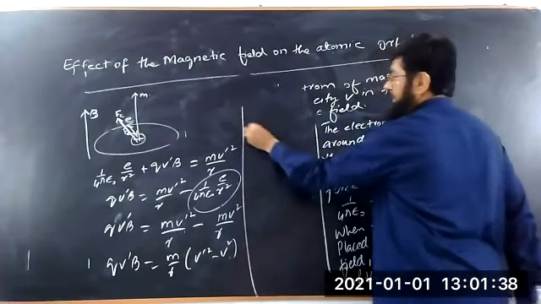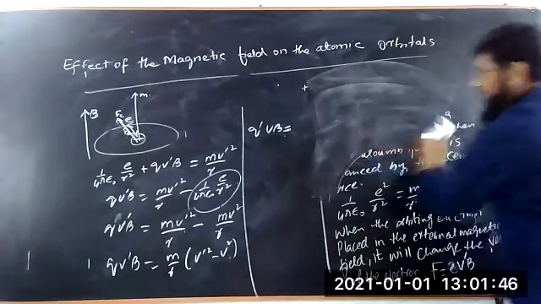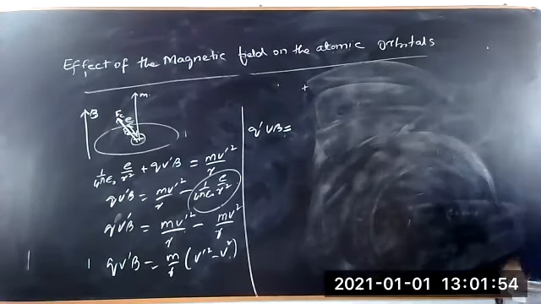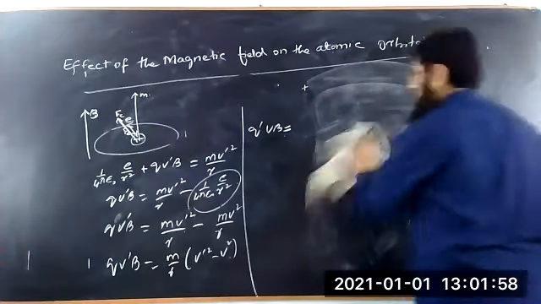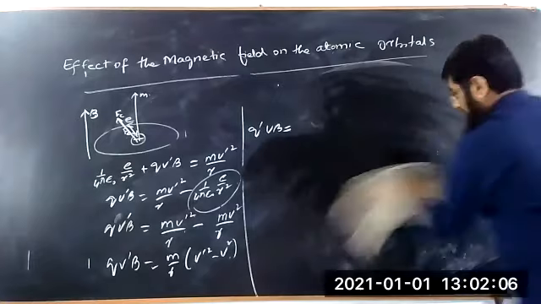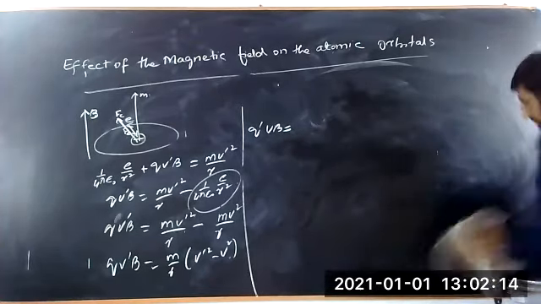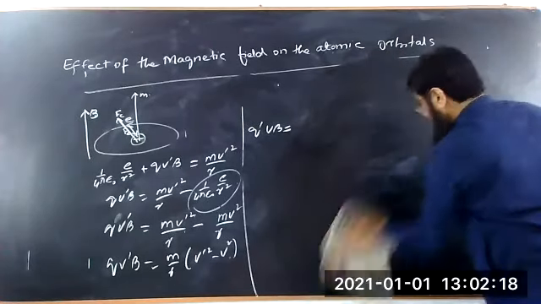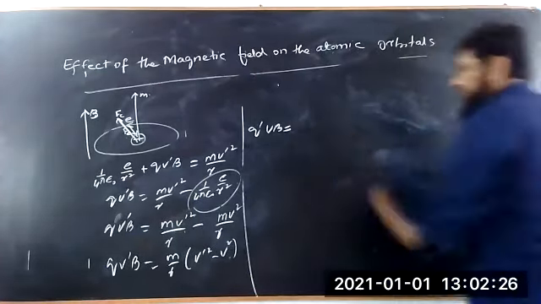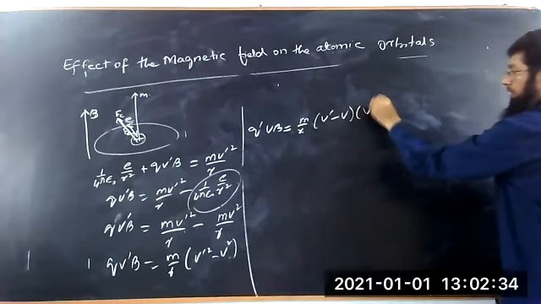So this can be rewritten as Q V dash B is equal to M upon R. This is equal to V dash minus V and V dash plus V.